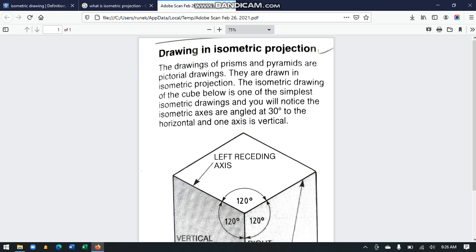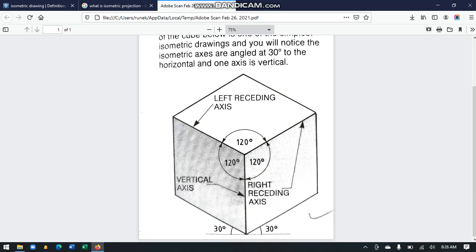So first, we're going to look at a cube, an isometric drawing of a cube. And there are some important things about this drawing to note. If you look at the bottom of the cube, or the base of the cube, you're going to notice you have two 30-degree angles.